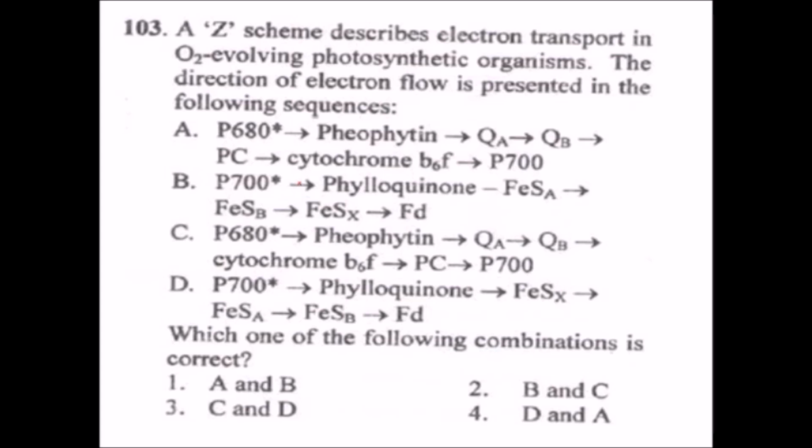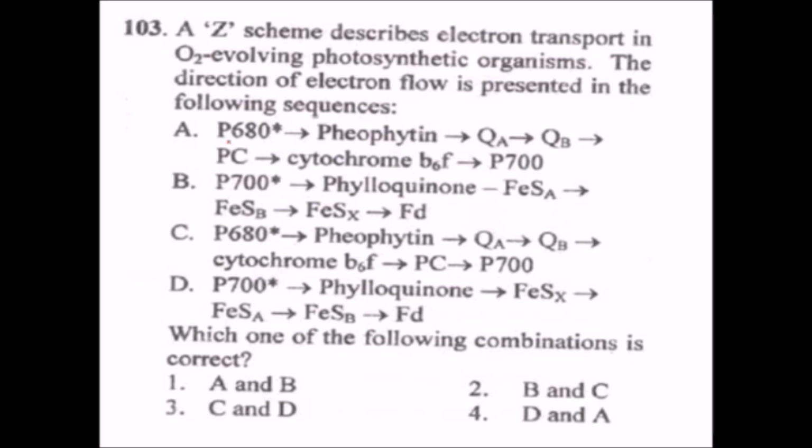Mug up this cycle. It is the Z scheme. The Z scheme describes electron transport, which is non-cyclic phosphorylation, in oxygen-evolving photosynthetic organisms. The direction of electron flow is presented in the following sequences. What happens?